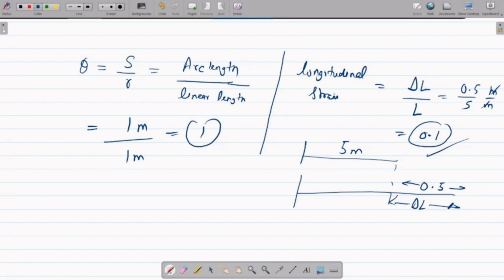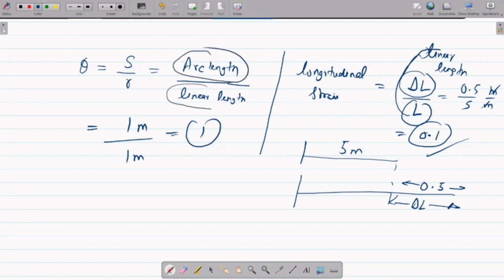Now, if you notice here in this equation, this is a kind of length, which is basically a linear length, right? And this length is also a linear length, right? Now, if you notice here, what is this? This is the arc length, and this radius is the linear length, right?